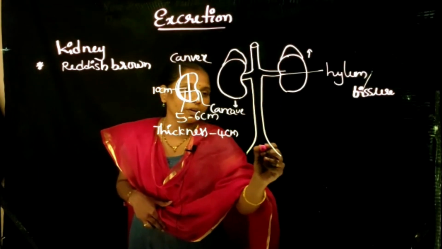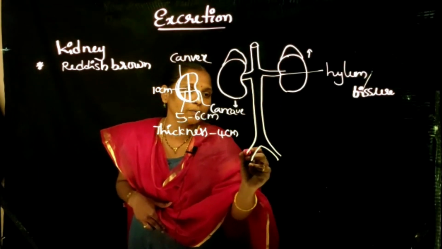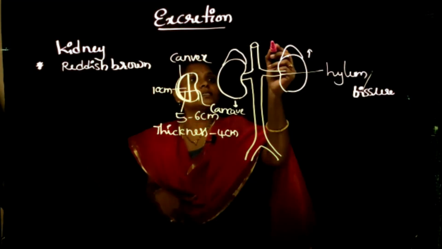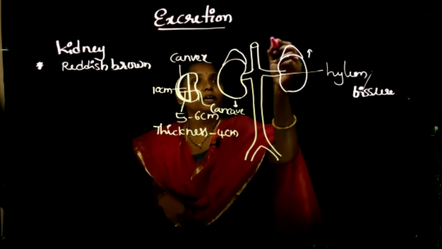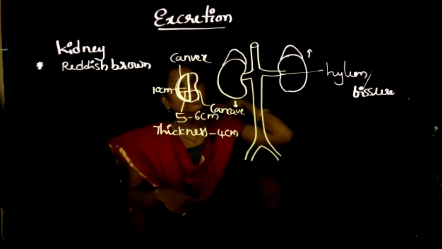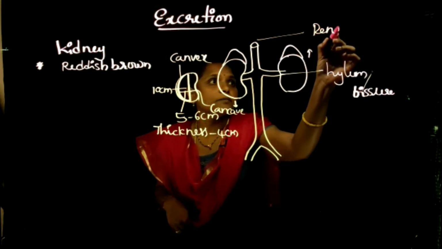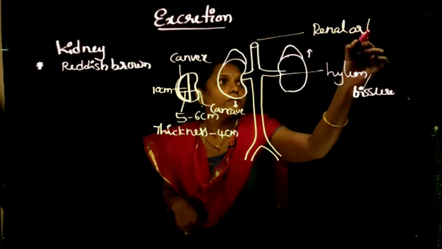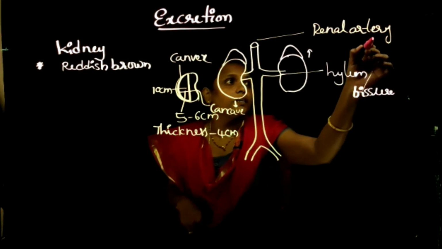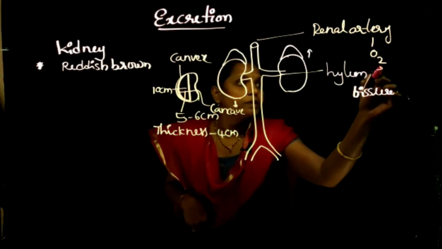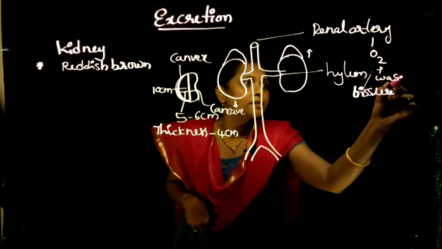We know very well about arteries. What is the function of an artery? An artery always carries oxygenated blood from the heart to every part of the body. This is the renal artery. It brings oxygenated blood along with some waste materials.